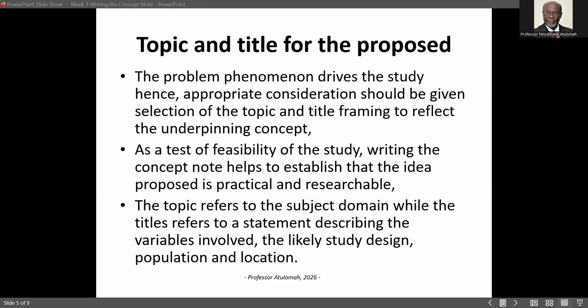The problem phenomenon drives the study. Hence, appropriate consideration should be given to the selection of the topic, the subject area, and then the title framing to reflect the underpinning concept. You must be careful when you're choosing a subject area. A subject area would be defined by whatever is missing in previous studies, and that is where the lead is.